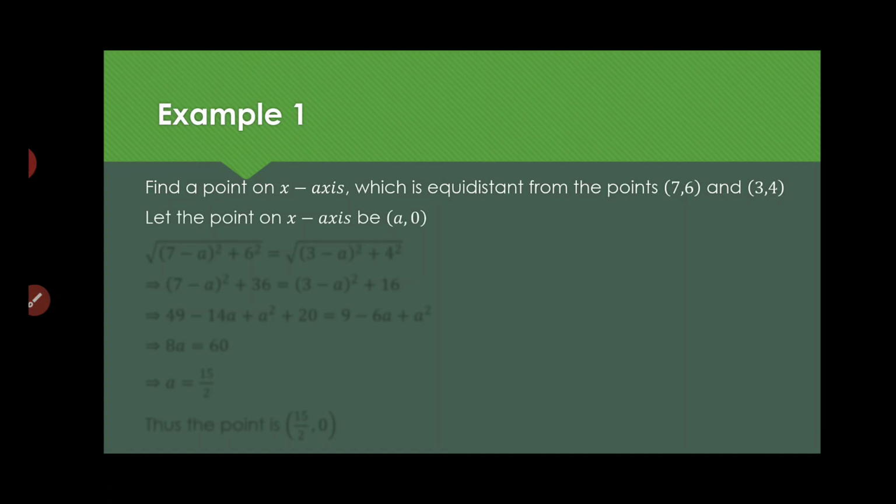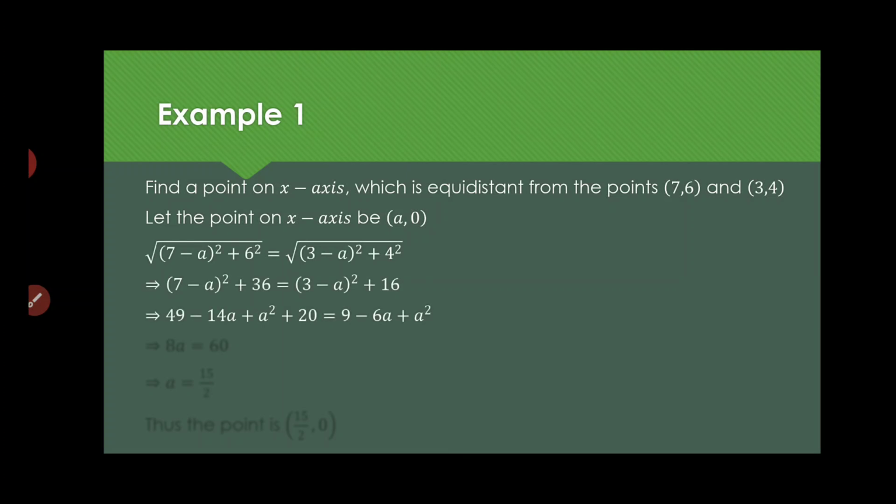So we have something like this. These are the distances from that point on x-axis to those respective given points, and also they are given equal, so we can equate them. Now we just need to go on solving it one step at a time, and if we go on solving it, we get the point as 15/2, 0.